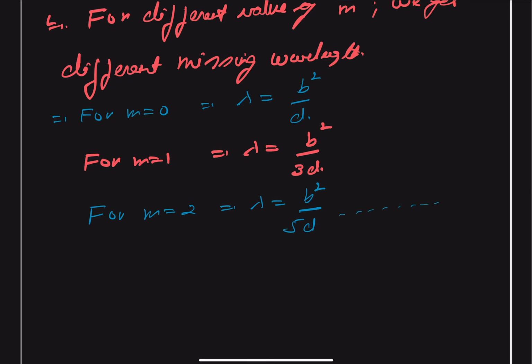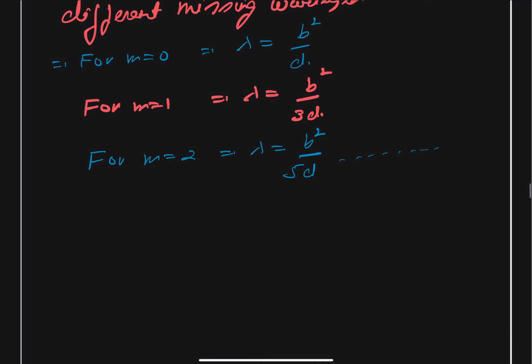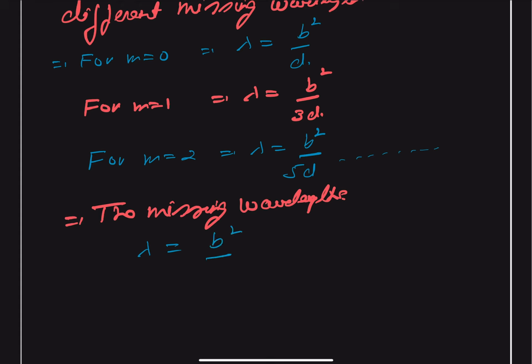Therefore, the missing wavelengths, that is lambda, will be equal to b square by d, b square by 3d, b square by 5d, and so on.